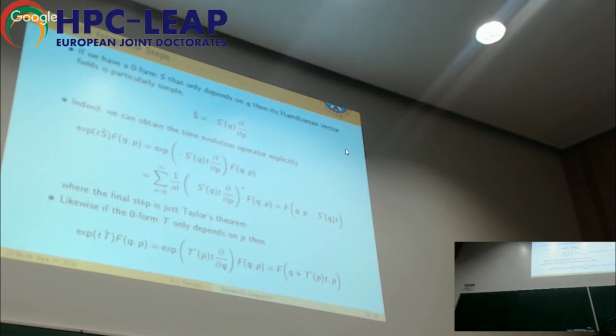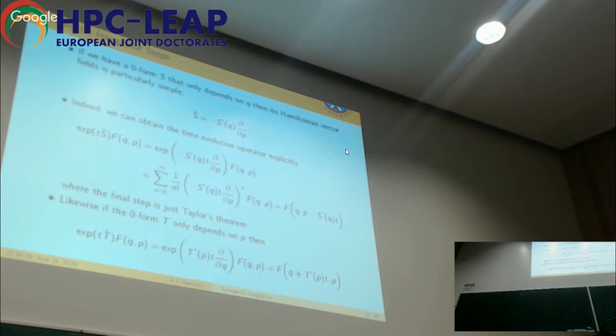So let's consider in particular that we have a zero form S, a function which only depends on the coordinate Q, and doesn't depend on the momentum. Then its Hamiltonian vector field is particularly simple. Remember, this is in flat space, so I'm using the fundamental two form dq dp.